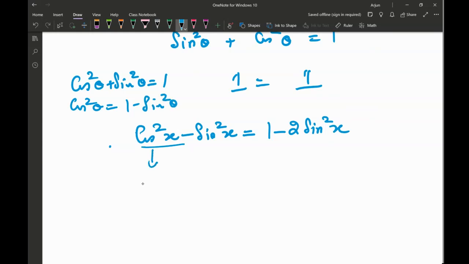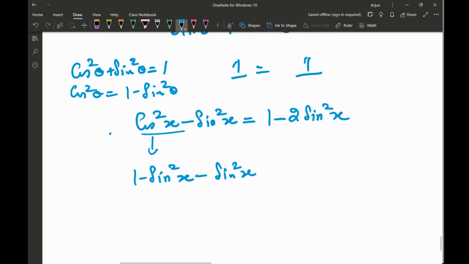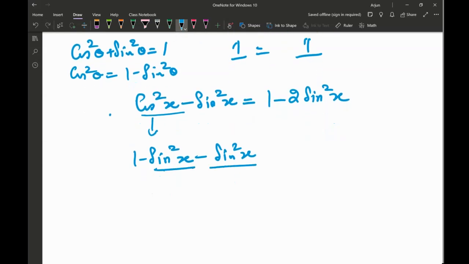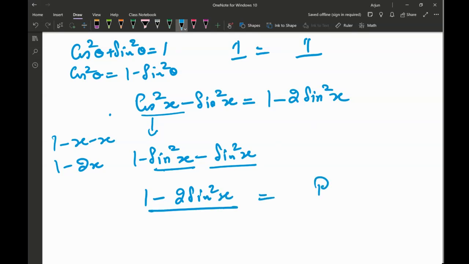I'll write this as x: 1 minus sine square x minus sine square x, and then this and this will club together. It's like 1 minus x minus x, so 1 minus 2 sine square x. That will be your answer. Hence, that is equal to the right hand side.